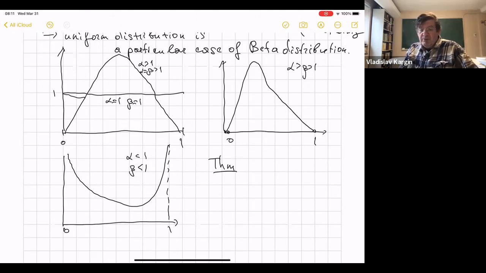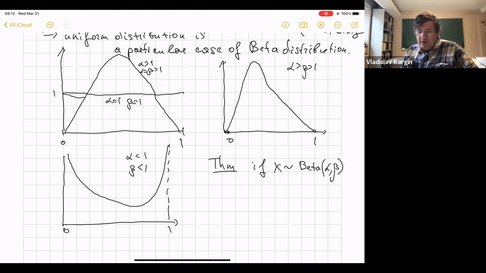So why 1 divided by 12? In this case, if x is distributed according to beta with parameters alpha and beta, then the expectation of x, and it's just a pure calculation, is alpha divided by alpha plus beta.